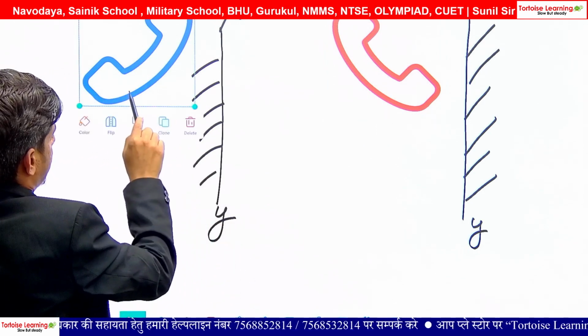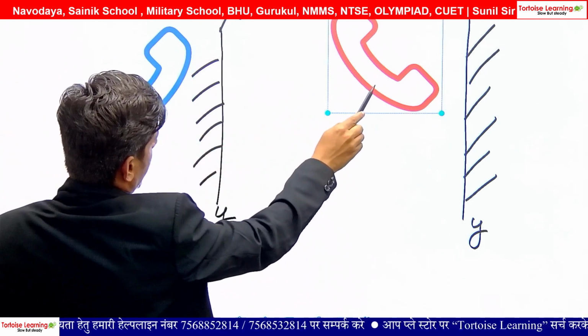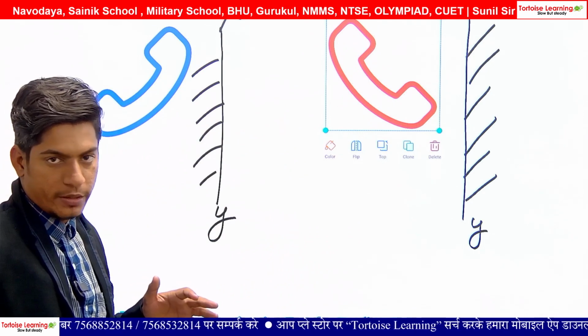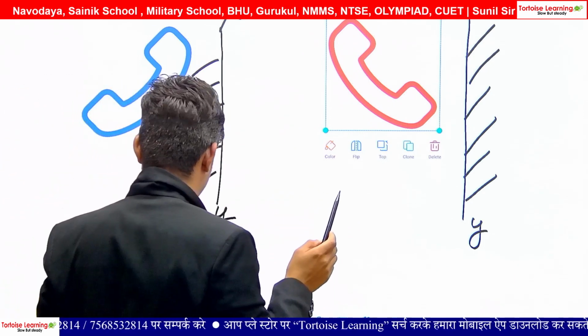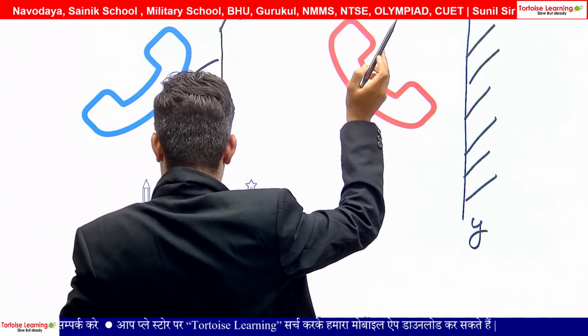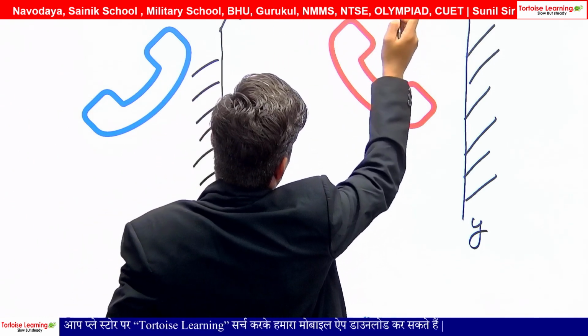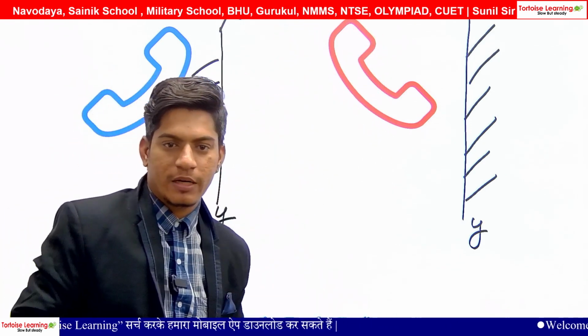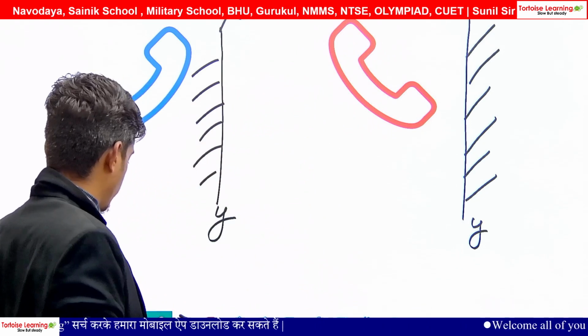And now in the second scenario, I will just put the mirror in this direction. This means horizontal direction. When I put it in horizontal direction, then what will be there?